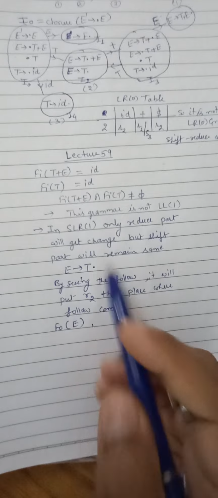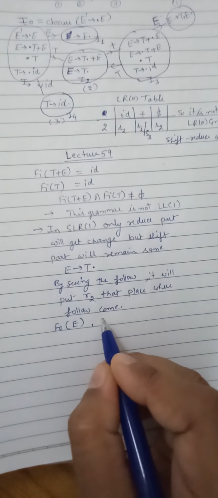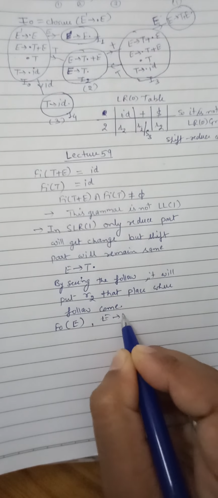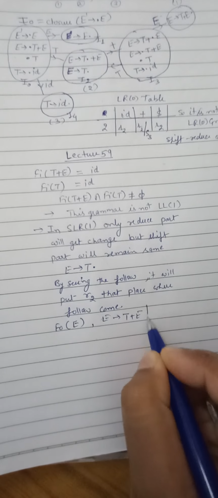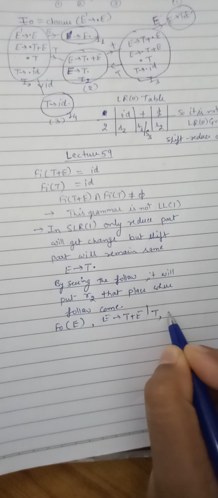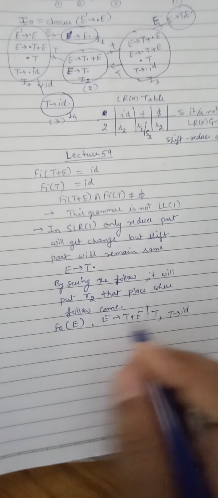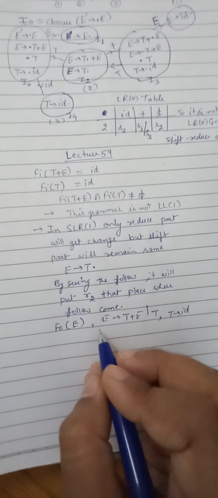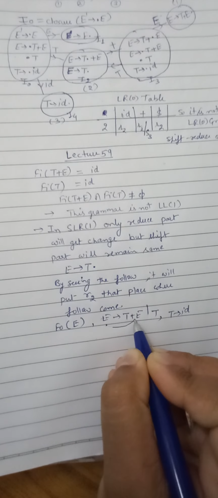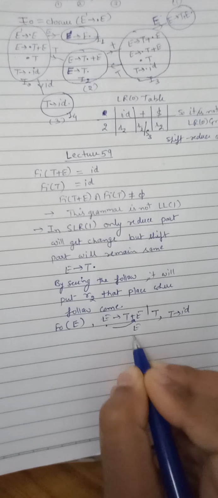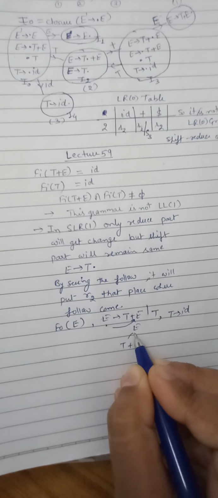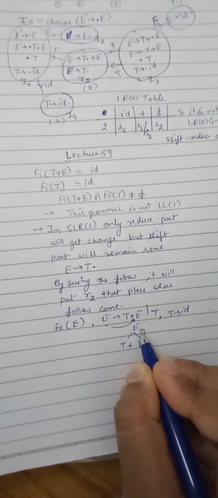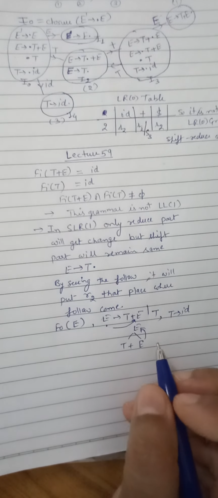So what grammar do we have? We have E tends to T plus E and T tends to ID, that grammar we have. So E goes to T plus E, so E goes to E only. There is no other symbol.